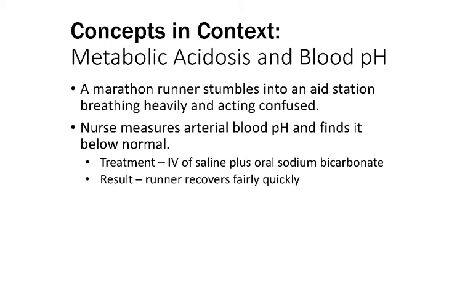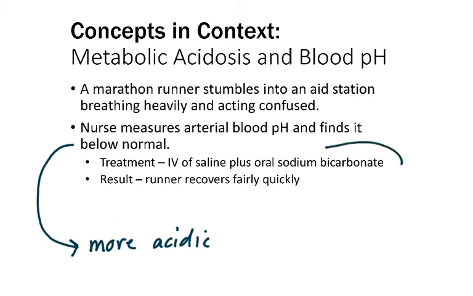So the nurse at the aid station measures the arterial blood pH, finds that it is below normal. As we will find out, below normal pH means more acidic. So low pH is high acidity. We'll get to that eventually. But the treatment given to this runner is an IV of saline plus an oral sodium bicarbonate.